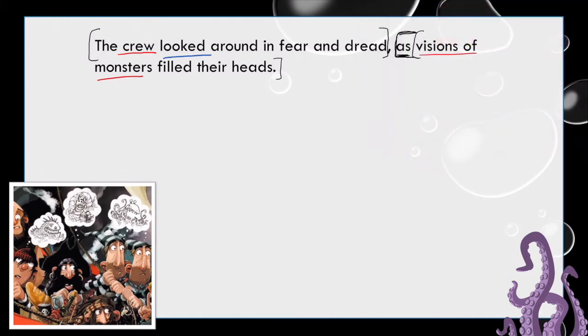And what's it doing? It's filling their head. In this case, you don't say the crew again because we've already said the crew once. It must mean the crew because it's not the monsters. So there we've got our basics again. This time we've got two of them joined together using a conjunction. But we've also got this in fear and dread. We've got this prepositional phrase.